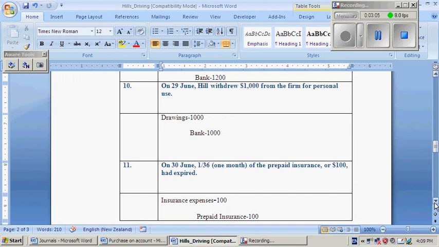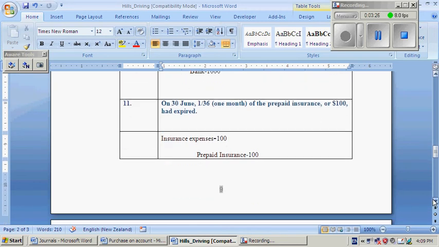Equity is a credit, so if it decreases, that's a debit. I told you, if you take money from the firm, or your firm pays money, at that time bank is always a credit.